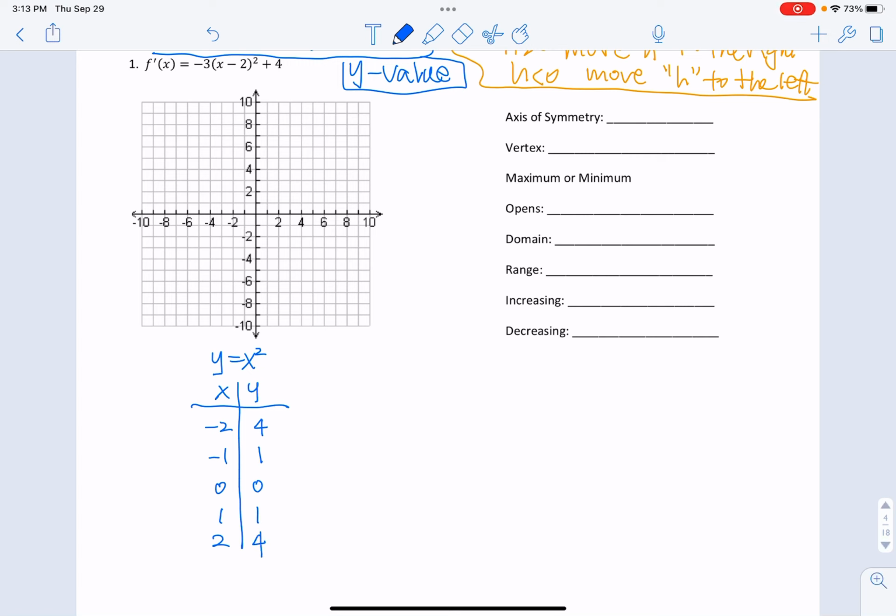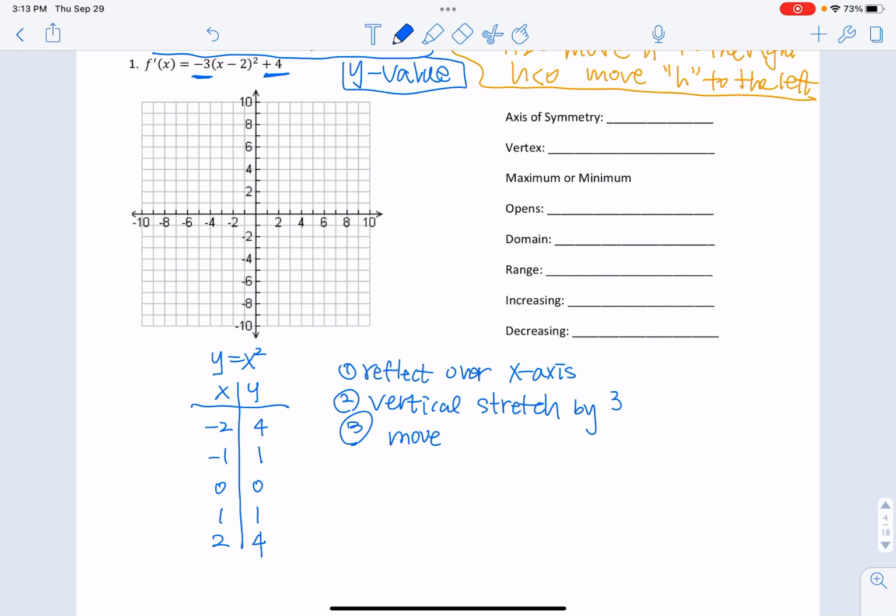And the -3 outside represents a reflection over the x-axis, and then a vertical stretch by 3. And then the number outside here, it moves up by 4.